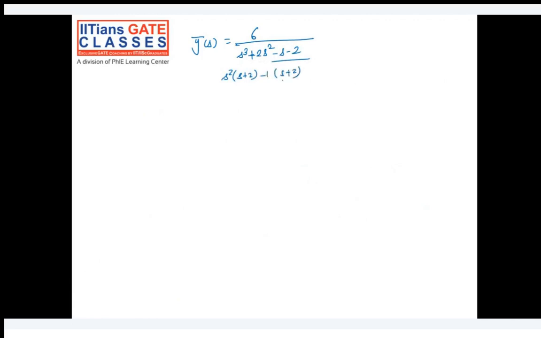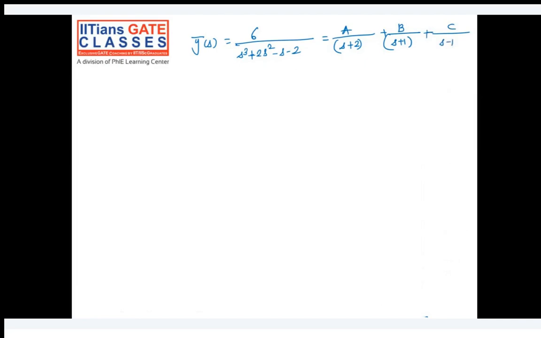So ultimately, s plus 2 and s square minus 1 are the factors. It should be written as a divided by s plus 2, plus b divided by s plus 1, plus c divided by s minus 1.